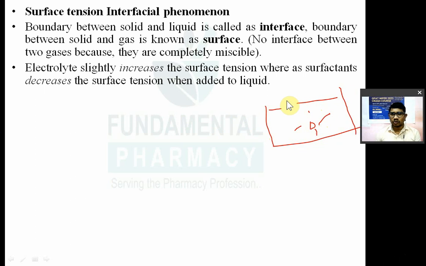Now the molecules which are present on the surface are attracted unequally, attracted downward by the molecules present in the bulk, because here you have air. So this molecule is only attracted downward, and that downward pull is the surface tension, right?